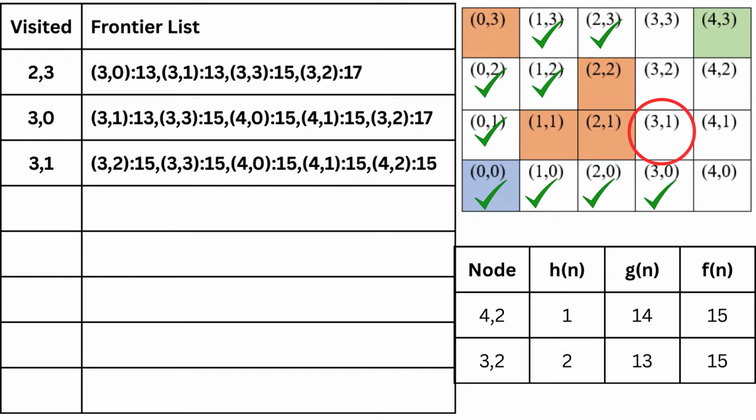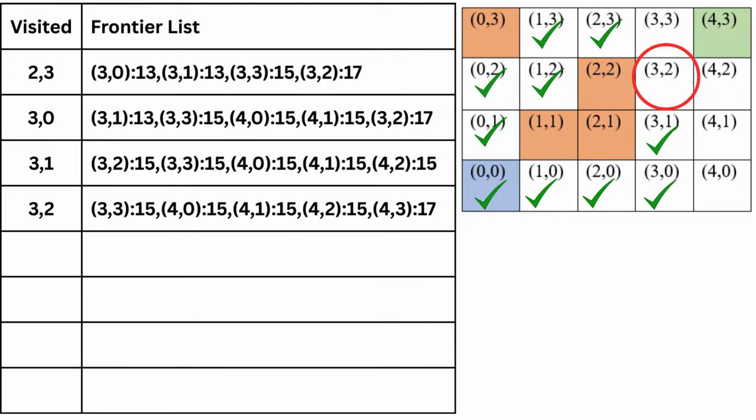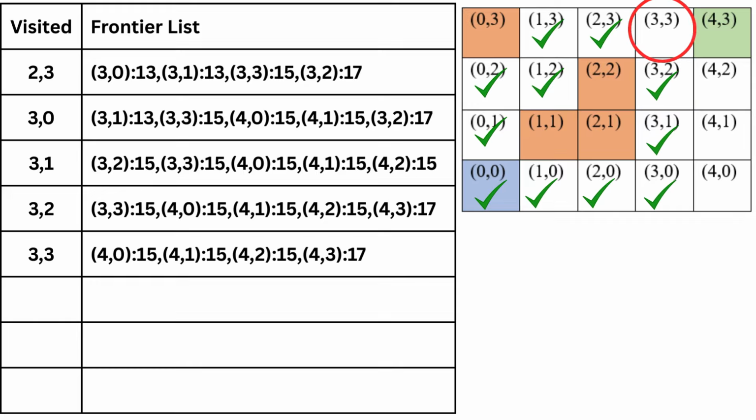After visiting 3,1, we will expand 3,2. From 3,2, there are 3 possible moves: 4,2, 4,3 and 3,3. 3,3 and 4,2 are already in the list with the least cost, so we will not append them again. 4,3, that is the goal node, goes at the end of the queue with the cost of 17. So now that we have visited 3,2, it's time to expand 3,3. From 3,3 we can move to 4,3, but we already have 4,3 in the list with the least cost.